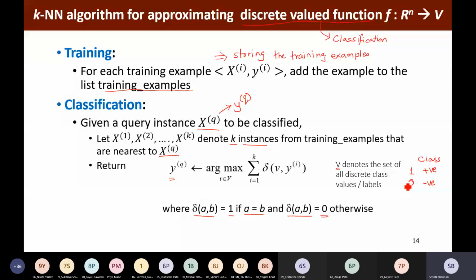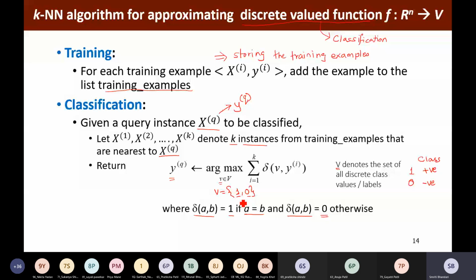So this capital V will have two values, 1 and 0, the discrete class labels. What we do next is take small v belonging to capital V and carry out some process.